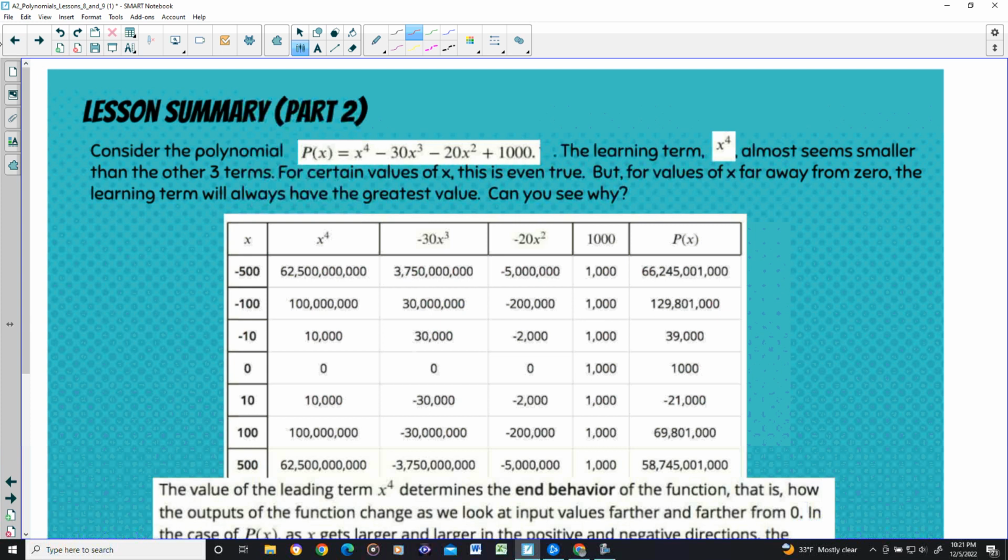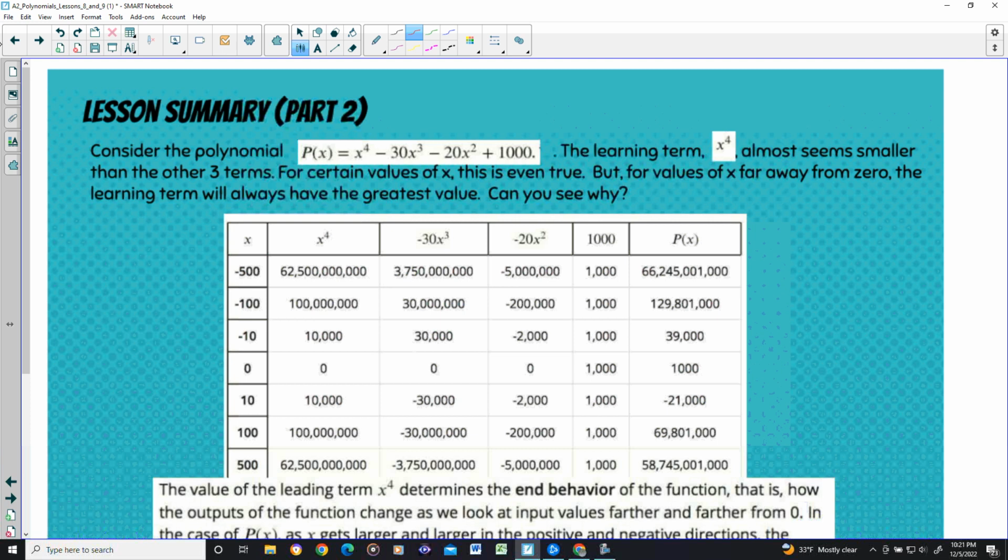So here's another idea. Okay, as we said before, and just really kind of a chart showing the result of what happens. So if you take this function, you have x to the fourth minus 30x to the third minus 20x squared plus 1,000. So for certain values of x, yes, x to the fourth is smaller than the other terms.